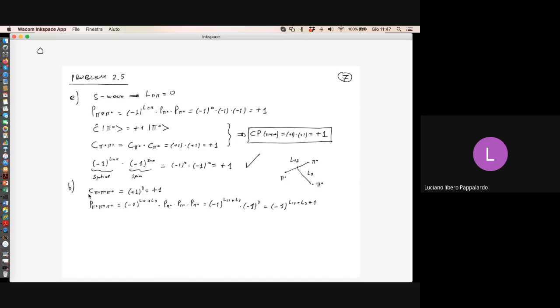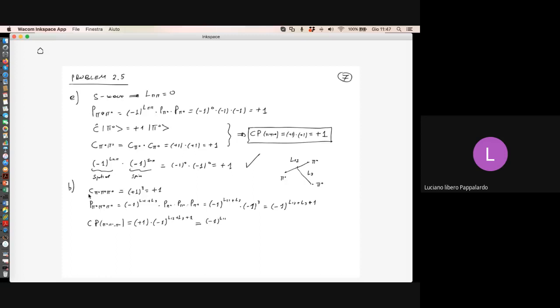What about now the combination of C and P together? So CP of the pi 0, pi 0, pi 0 system is now given by the product. This is a plus 1 for the charge conjugation and minus 1 to the L12 plus L3 plus 1 concerning the parity. So the plus 1 from the charge conjugation is irrelevant, in the sense that overall the CP is given by the parity.